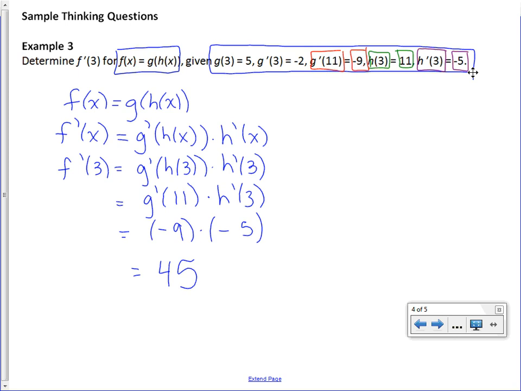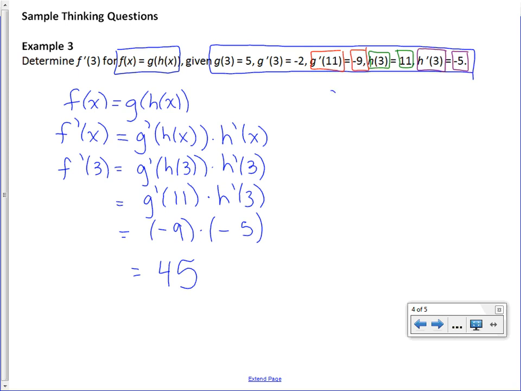But again, this is something that us math teachers like to put on tests, maybe under thinking. And just to give you another scenario that could show up, what if I gave you this? Maybe it won't be a chain rule question, but this is me thinking on the fly, so this might not work out. Let's try.